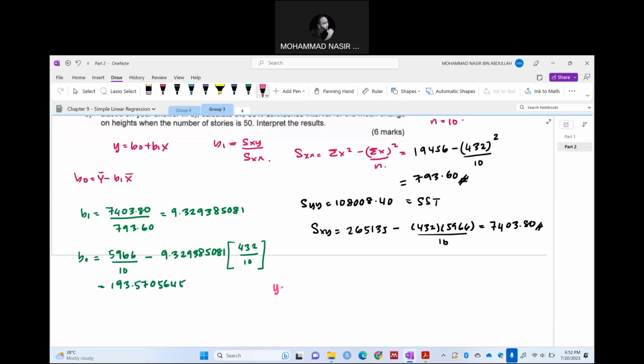So regression equation should be 193.57 plus 9.33x, right? So this is a linear regression equation.